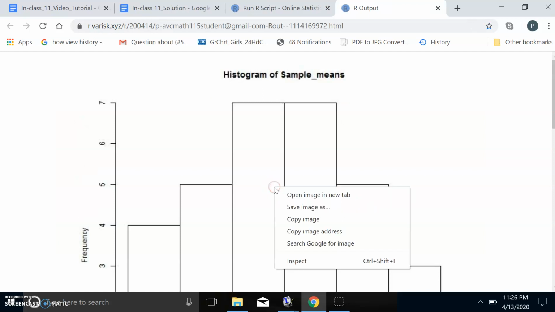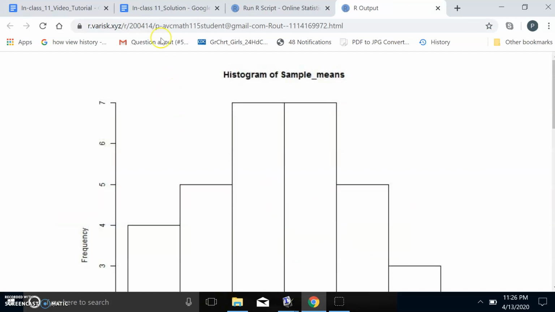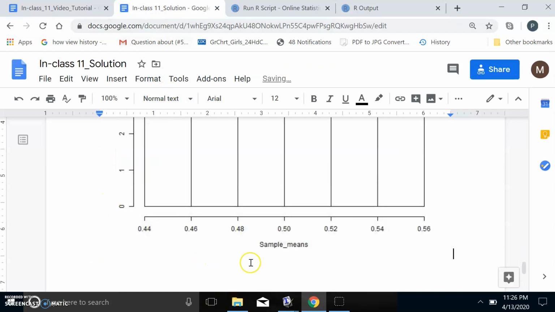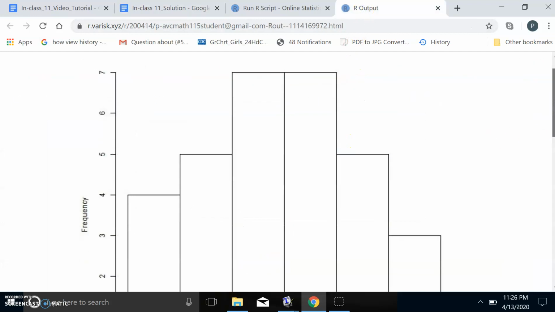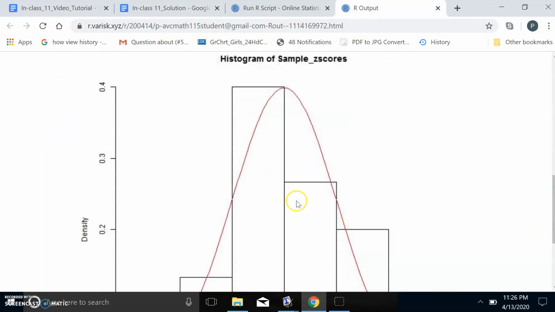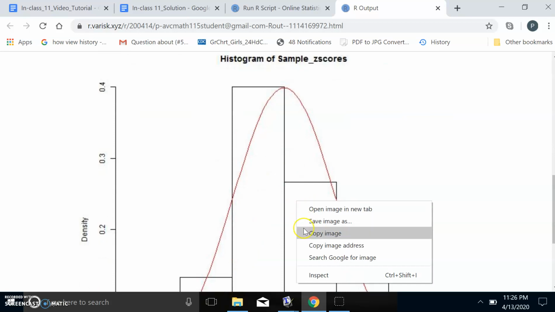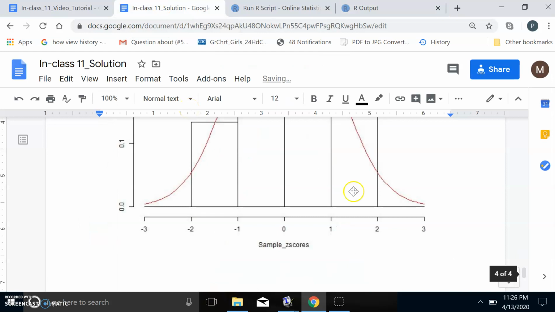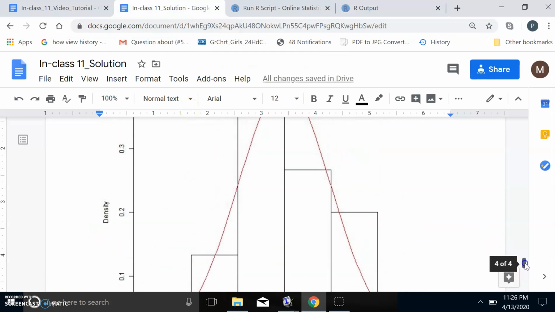There's our histogram, frequency histogram. Copy that one. Paste it here. And let's do our z-scores. Paste it here. So you can see the z-scores.